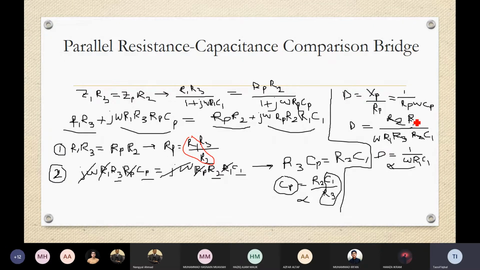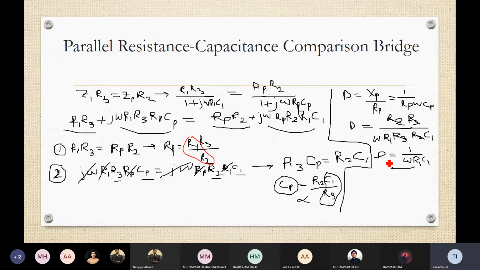Then Cp gives us R2 C1 over R3, so R3 is on top in the numerator, and in the denominator we have R2 and C1. The values that cancel out are R2 and R3 in the numerators and denominators.